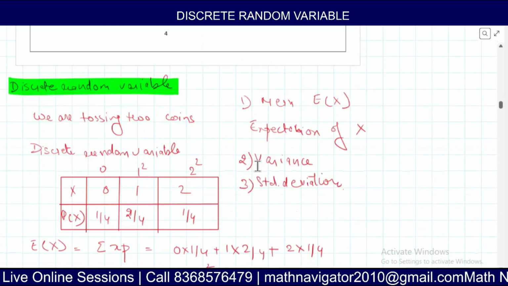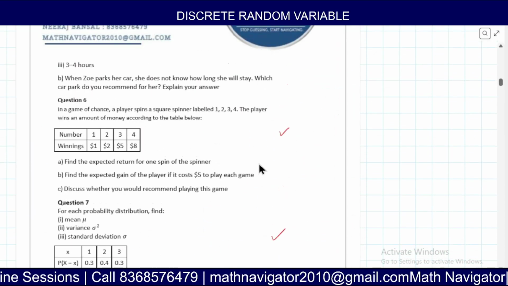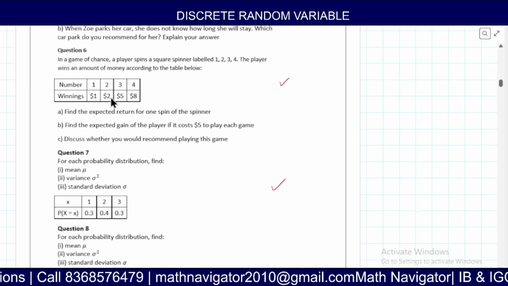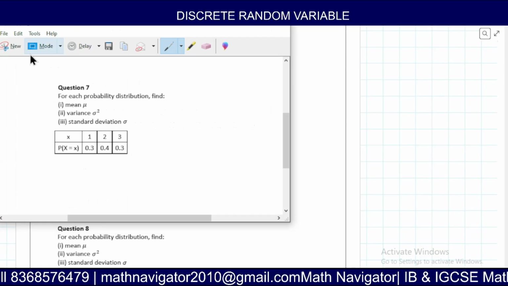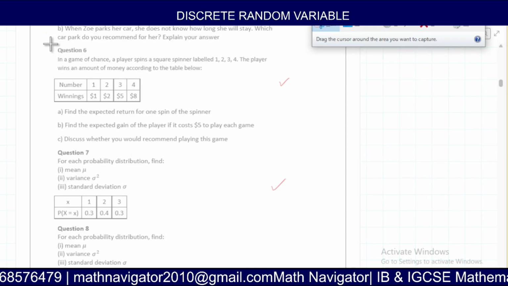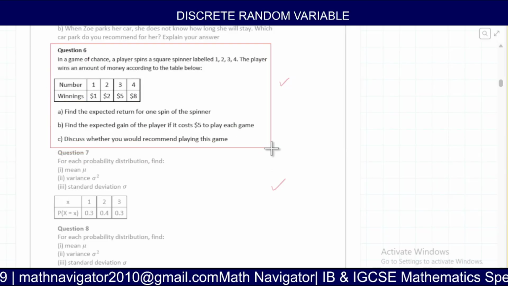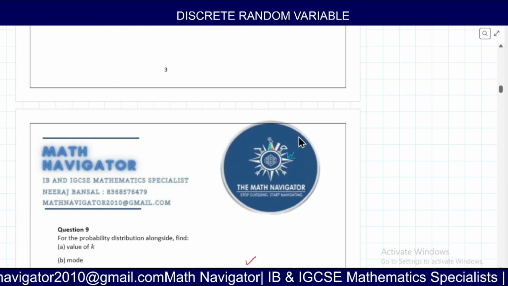Now let's talk about the fair play game, which is again an important question. I'll explain you how to do this kind of question. It is very common in the exam, in IB exam. Right? Let's go for it.